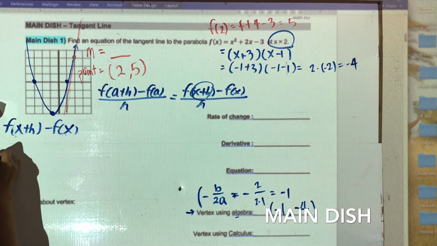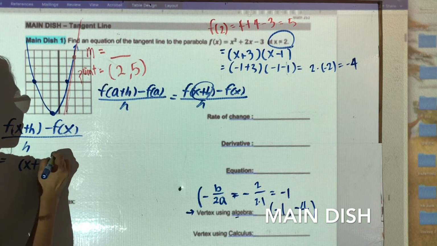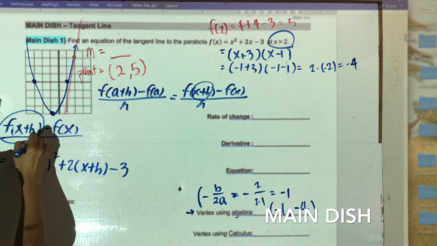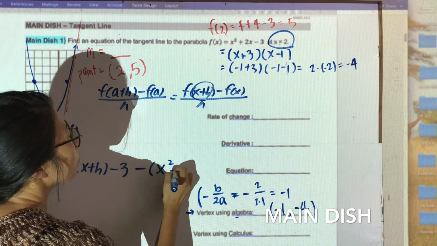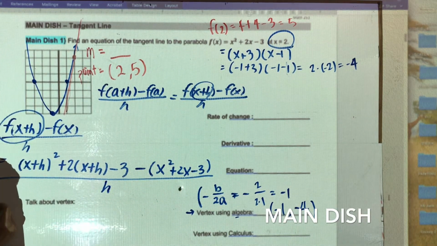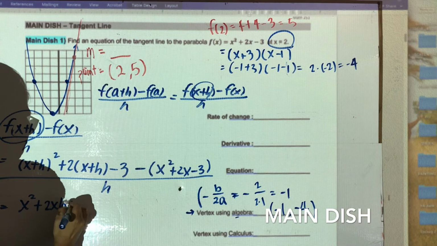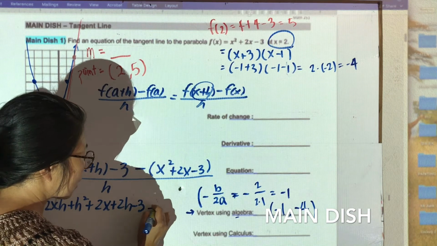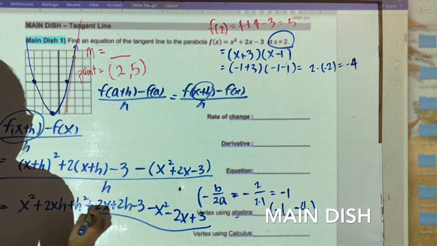So let's plug in my function. It's going to be some tedious work. (x plus h) squared plus 2 times (x plus h) minus 3. That's the part I plugged in. Minus the next one, which is x squared plus 2x minus 3, over h. I need more room, so let me expand this expression: x squared plus 2xh plus h squared plus 2x plus 2h minus 3, and minus x squared minus 2x plus 3, over h.